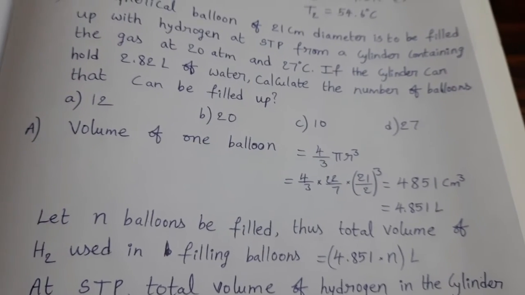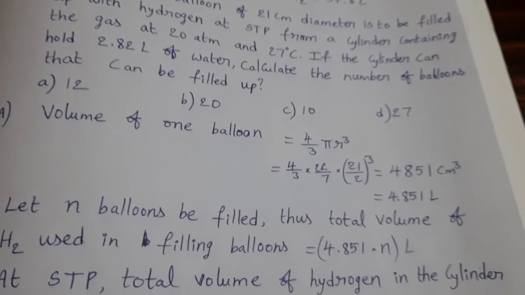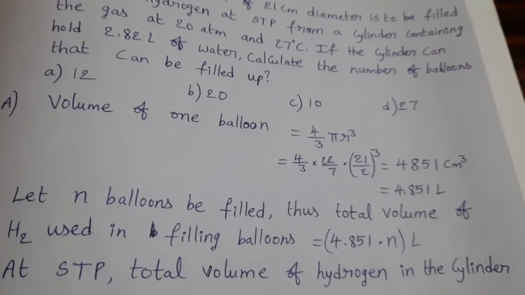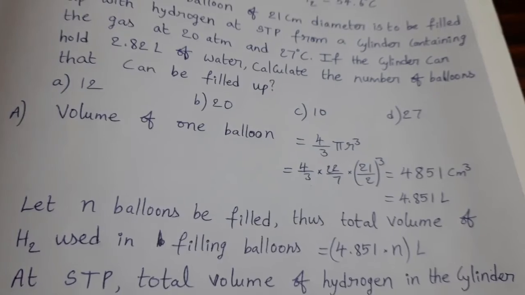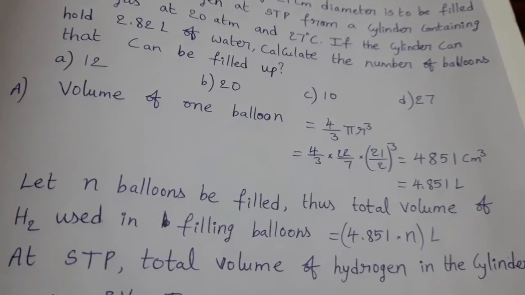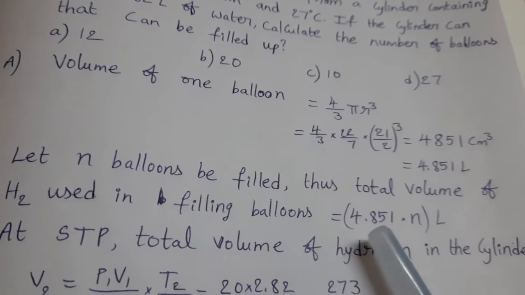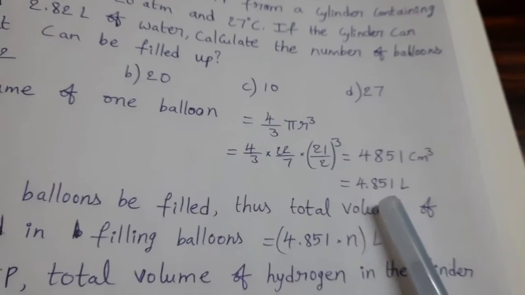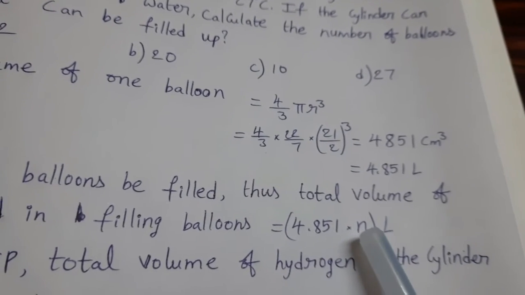Let n balloons be filled. Suppose n number of balloons are filled, then total volume of hydrogen used in filling balloons, how much? 4.851 into n. One balloon volume is this one, total number of balloons is this one.